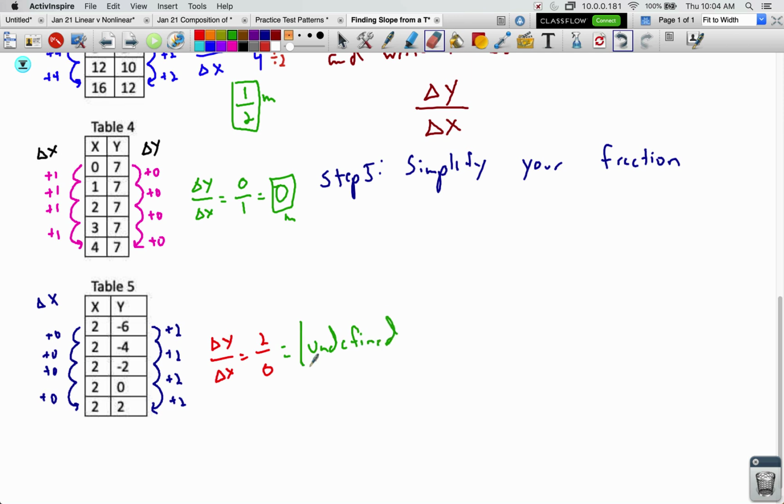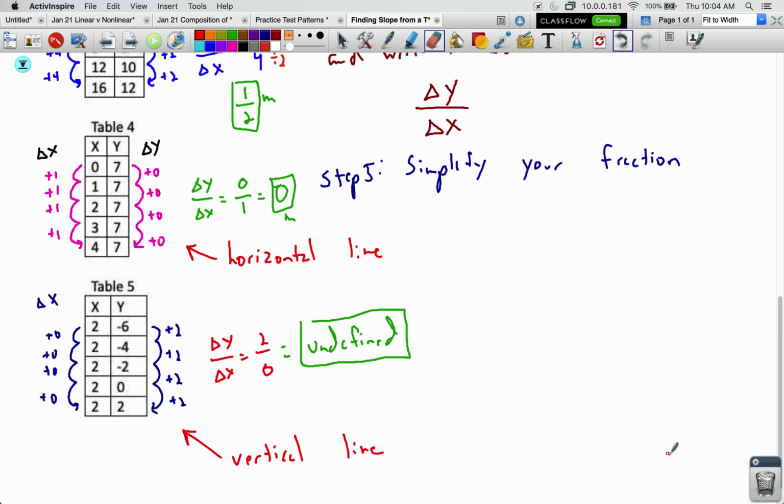This doesn't have a slope. In fact, if we tried to plot it, it would be a vertical line, and vertical lines don't have a slope because they never run. They only ever rise and fall, but just on a single vertical line. All right, so let's add that into our notes that the previous one must be a horizontal line if it has a 0 slope, and this one must be a vertical line, which has an undefined slope.